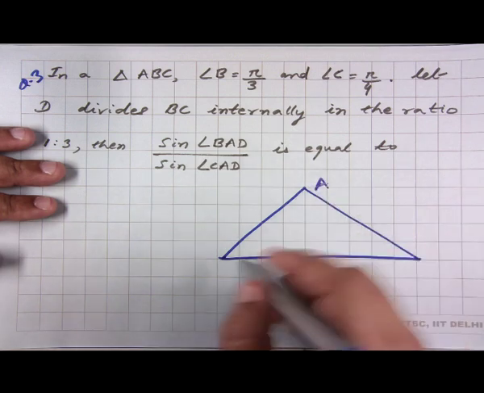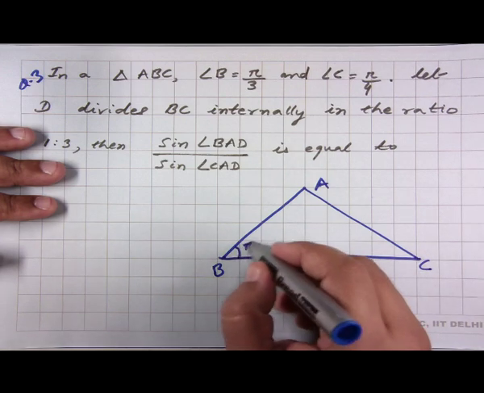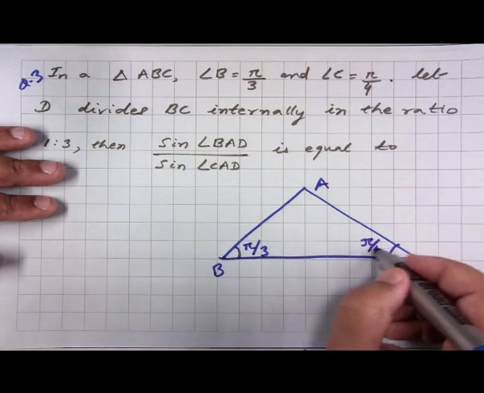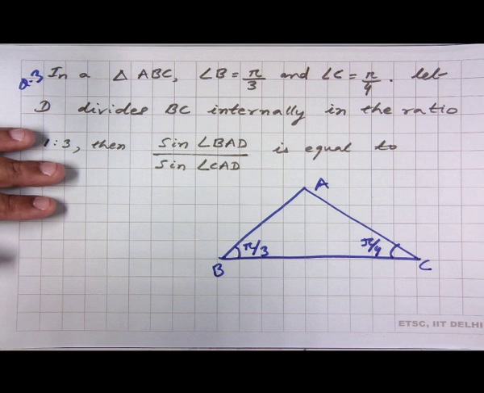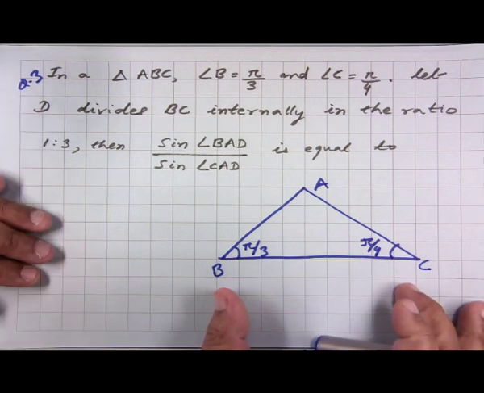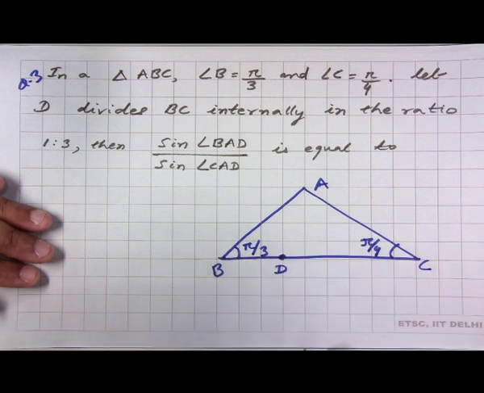So, A, B and C. So, the angle B is pi over 3, angle C is pi over 4, and it is said that the point D is going to divide the line BC internally in the ratio 1:3. So, we have this point D over here.